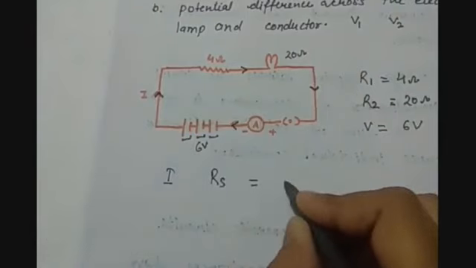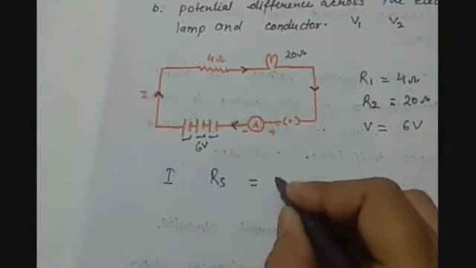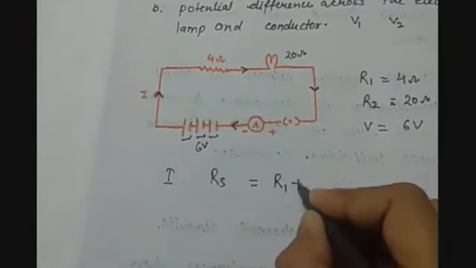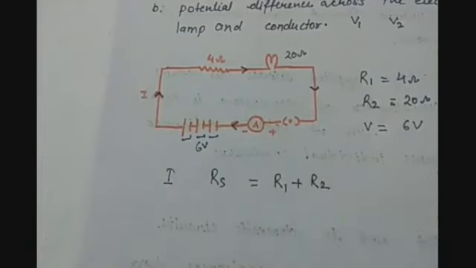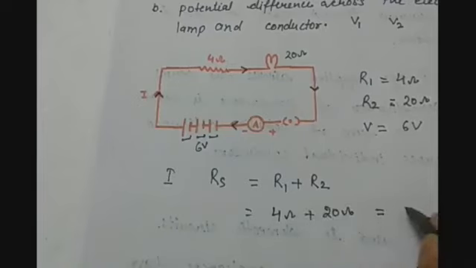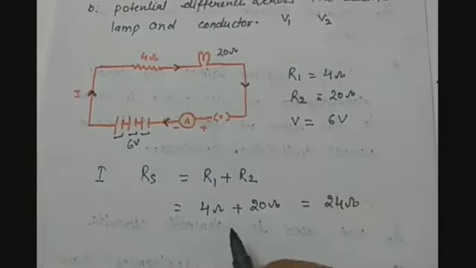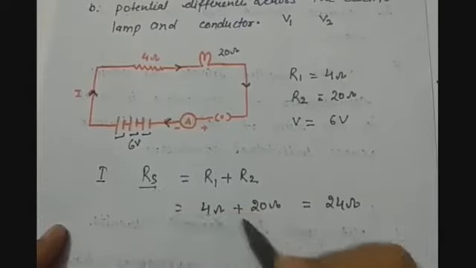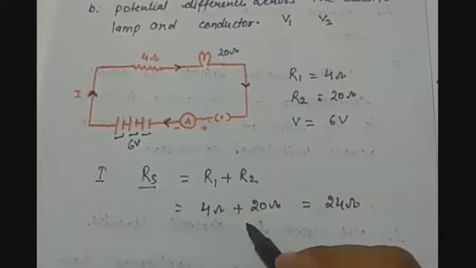That is the sum of individual resistances, R1 plus R2. So what is R1? 4 ohm. R2, 20 ohm. So the total resistance of the circuit is 24 ohm. I hope you have understood how to calculate the series combination equivalent resistance. So this is the first part we have done.